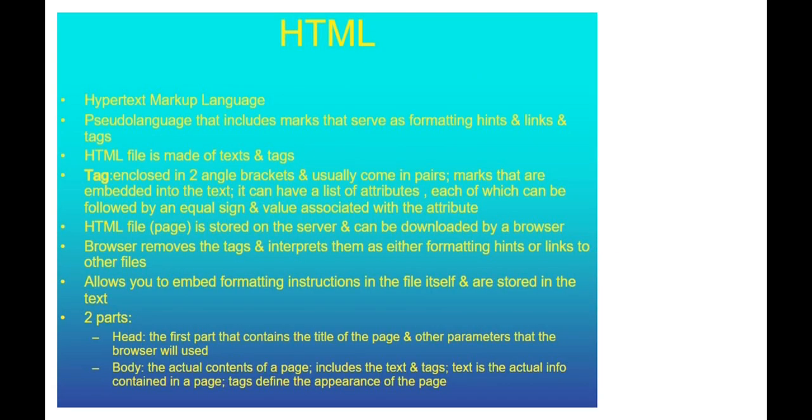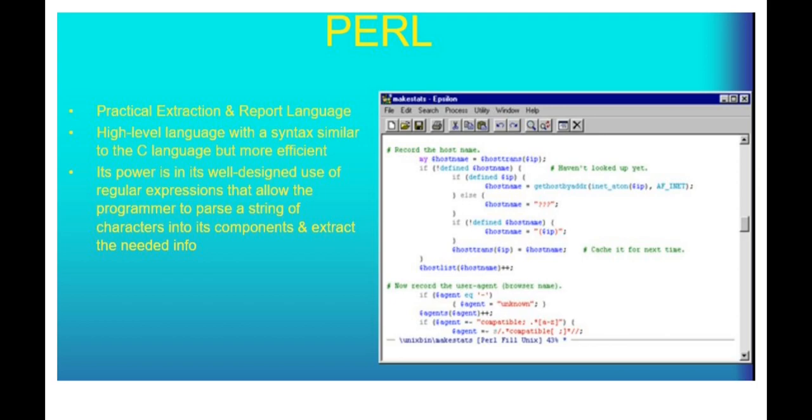HTML, as I said, is for web pages. It is made of text, and it is relatively easy to understand because it's not complicated. But Perl is the Practical Extraction and Report Language. It works relatively commonly, close to the C language, but probably more efficient.